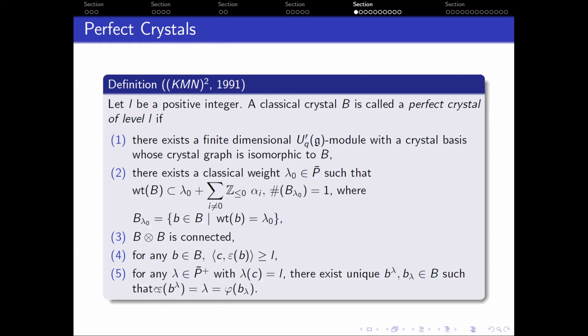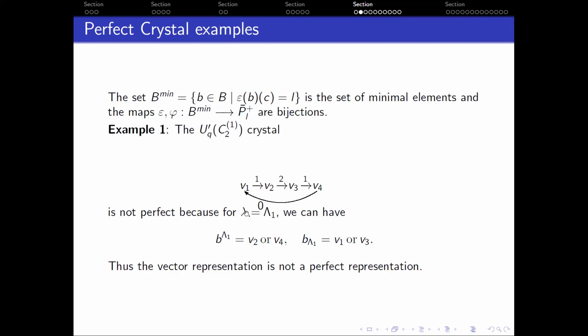Epsilon means the arrow coming in. So one arrow is coming in here to V2, but it is also coming to V4. No other arrows are coming in. So there is no unique way to define these two, and therefore we cannot satisfy the conditions.